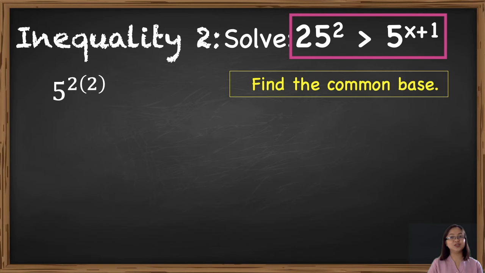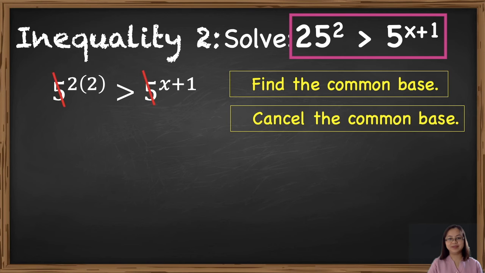Next thing, cancel the common base. So we're only left with 2 times 2 greater than x plus 1. Now we could multiply the 2 and 2, so we have 4 is greater than x plus 1.